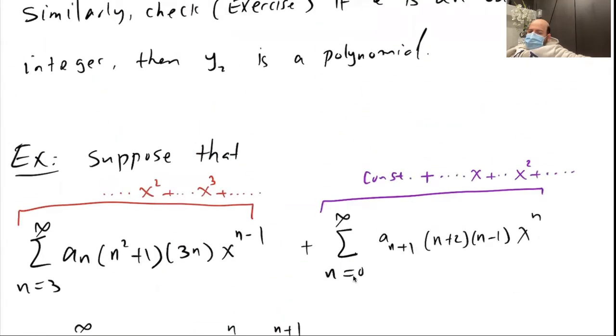This sigma started from 0 to infinity. I separated n equals 0 and n equals 1, which correspond to the constant term and x term. And then the rest of the terms, I can write as a sigma starting from 2 to infinity of this term. I don't need to change n to n plus 1 or n minus 1 because the power is already n.